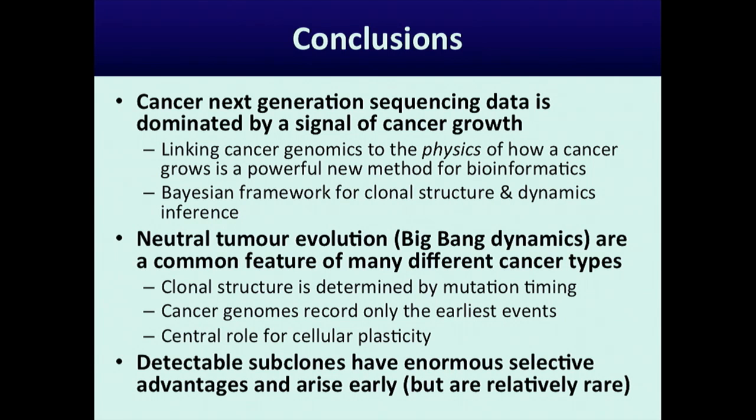Neutral evolution means that the frequency of subclonal mutations in a tumour is determined principally by the time at which the alteration occurs rather than any selection for that mutation thereafter. And I showed you that in cases that don't conform to the model of neutral evolution, there are sometimes selected subclones, and those subclones are incredibly strongly selected. They have very, very large fitness advantages indeed.